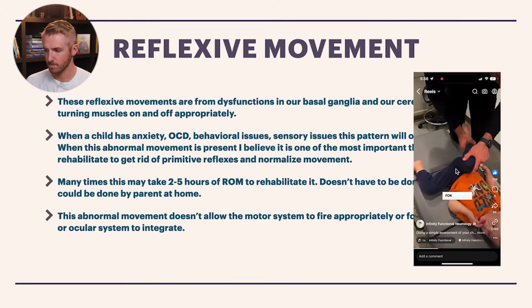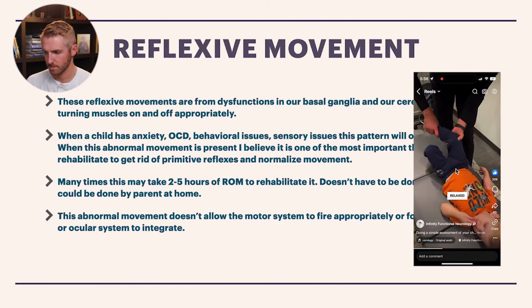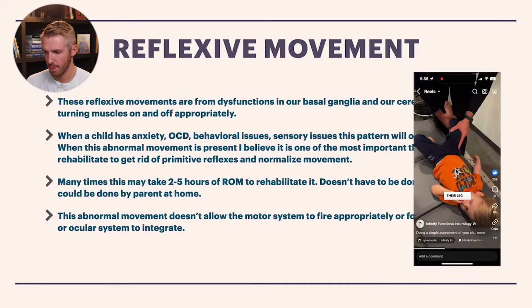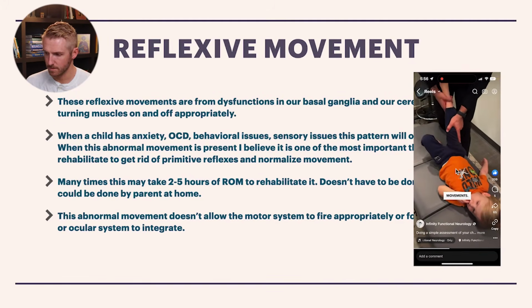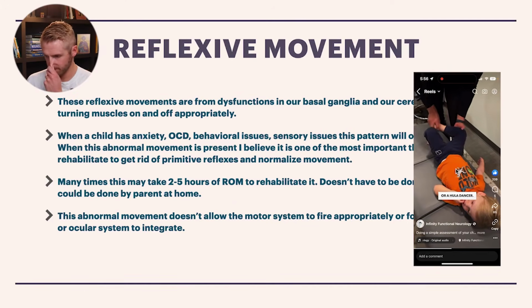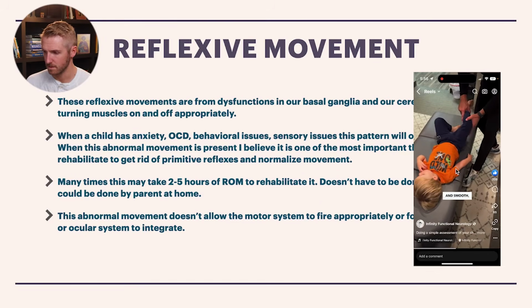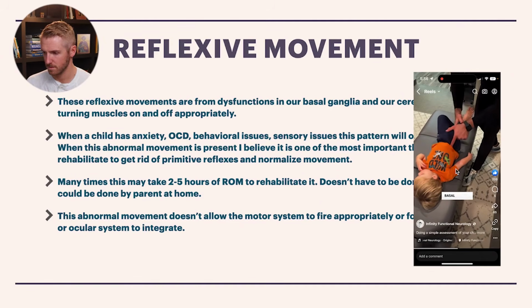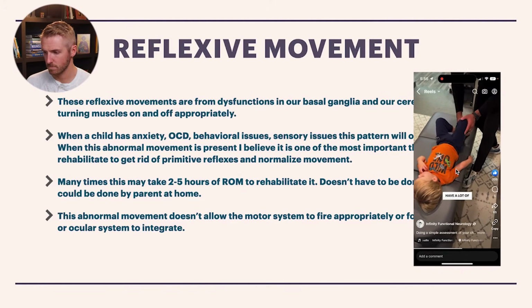So when we're checking for range of motion, we'll have a child or an individual lay on their back, nice and relaxed, and then we'll actually lift their leg up and we'll move them in slow figure eight non-linear movements. Think almost like a corkscrew or a hula dancer. And as you move the child, the movement should be nice and smooth, but what you'll notice with some kids with basal ganglia dysregulation or inflammation is that they'll have a lot of reflexive movement.